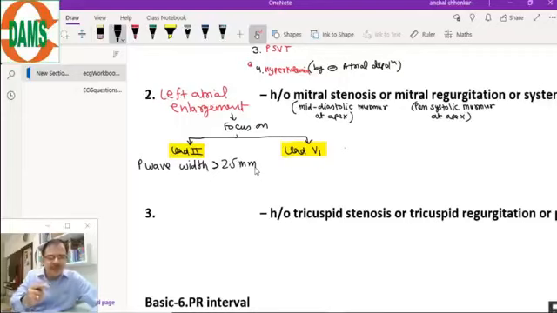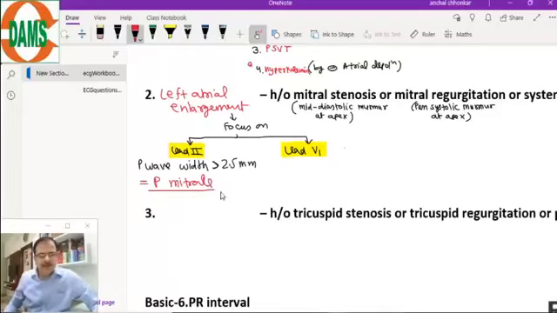It is changing usually because of mitral valve pathologies. Therefore a P wave width of more than 2.5 mm is known by a sign called P mitrale. Normal width was 2.5 mm, so it will become more than 2.5, and this is known as the P mitrale.